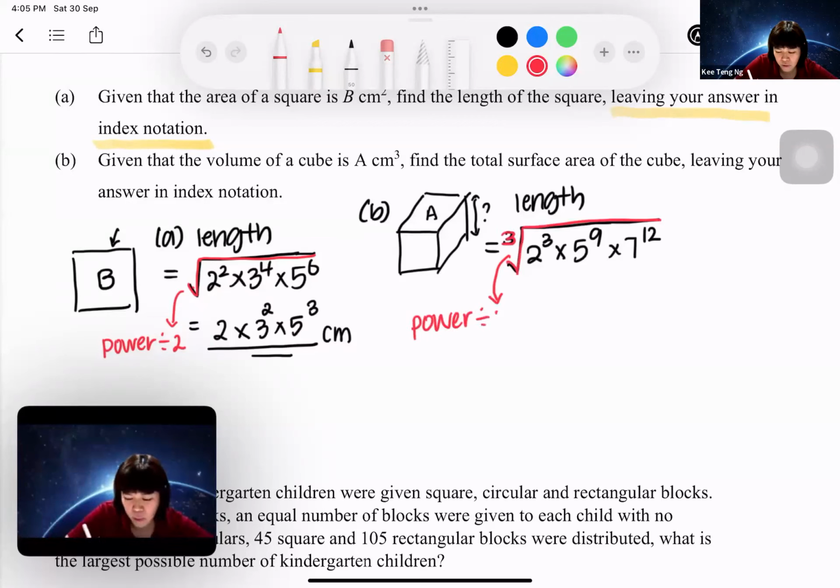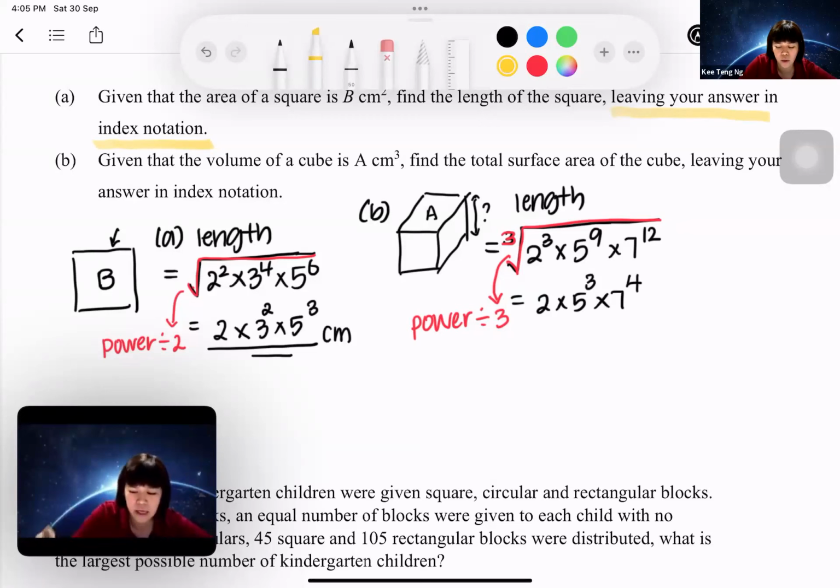The power will divide by 3. So in this case, we get 2, 5, and 7, but the power divides by 3. So this becomes 2 to the power 1, 5 to the power 3, and 12 divided by 3 is 4. But we do not need to write the 1 over here. We keep this as this.